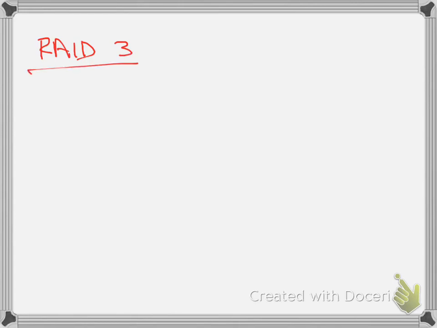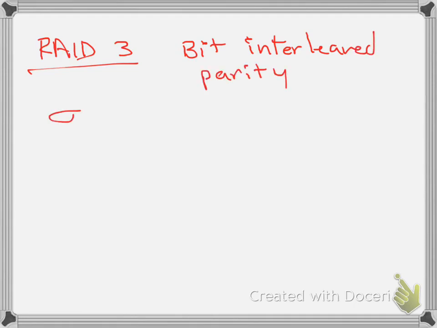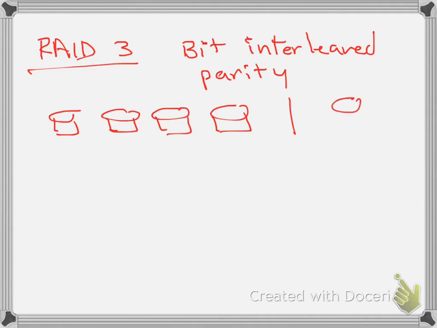In this RAID level 3, we call it bit interleaved parity. And then this one will also have the 4 disks, but they will have only one redundant disk.